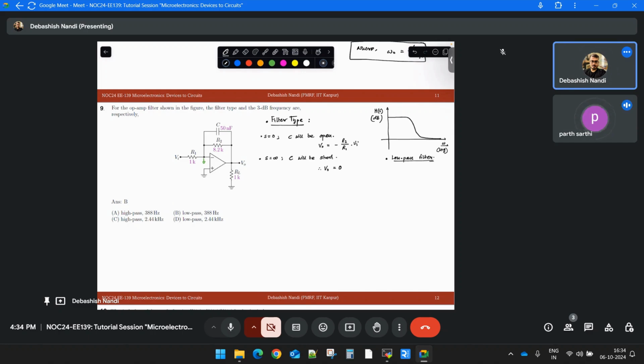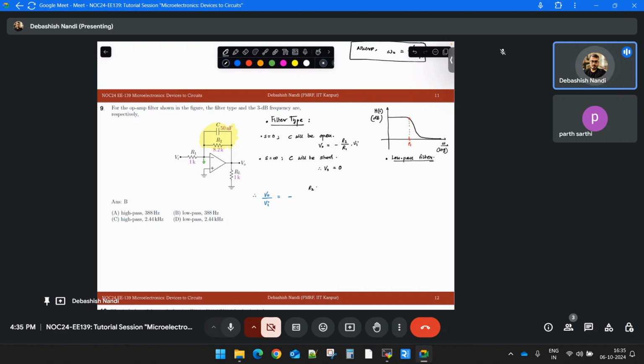Fine. Now you need to find out the 3 dB frequency. That means you need to find out the pole location. So how do you do that? You just need to write the transfer function. Can you immediately tell me what is the transfer function? What is the gain? Minus, this is now my R2, right?